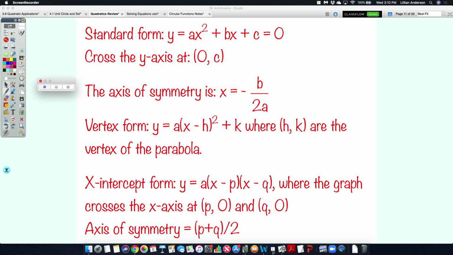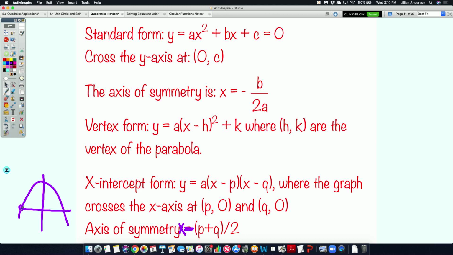To find your axis of symmetry, it would still be an equation: x equals p plus q divided by 2. Because remember, since a quadratic is symmetrical, if you know what your x-intercepts are, your axis of symmetry is halfway. And remember, the axis of symmetry is the line that cuts the parabola into two equal pieces.